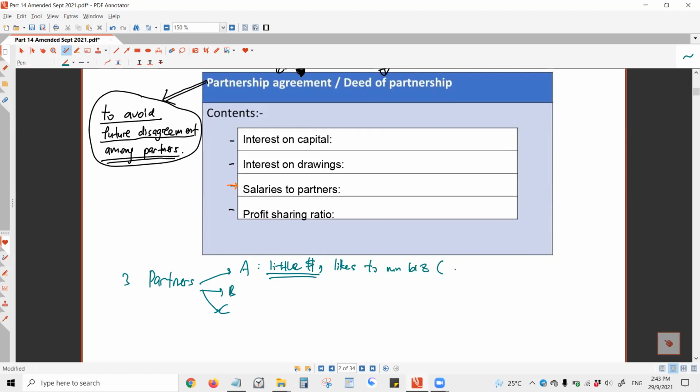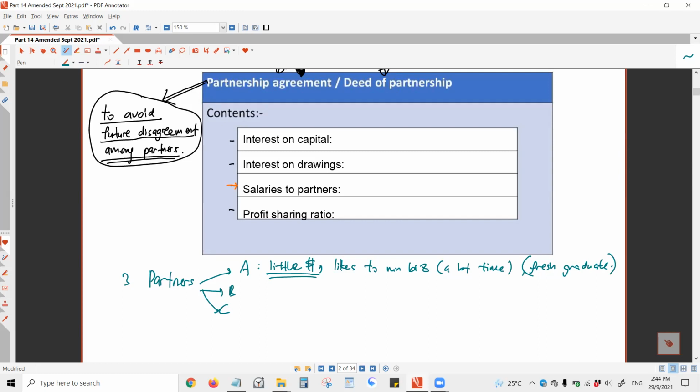So with little money, A likes to run business very much. And A also has a lot of time. Probably A is a fresh graduate from university. After you have graduated, most graduates should not have a lot of money, unless you did business as side income during your studies.